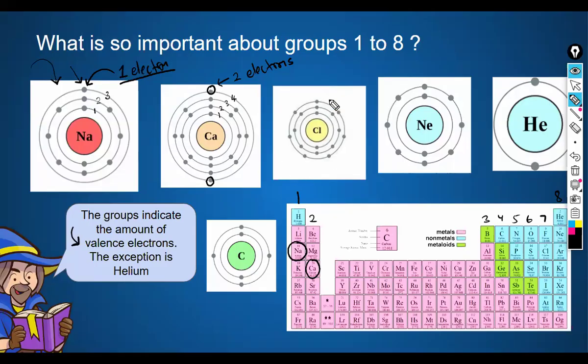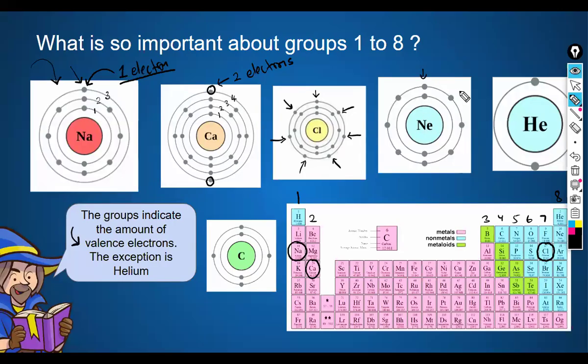Look at chlorine. When you draw it, it has 1, 2, 3, 4, 5, 6, 7. It has 7 electrons on its valence shell. Take a wild guess where chlorine would be placed in the periodic table. It will be placed in group 7. And neon, helium is an exception, you'll get to that just now.